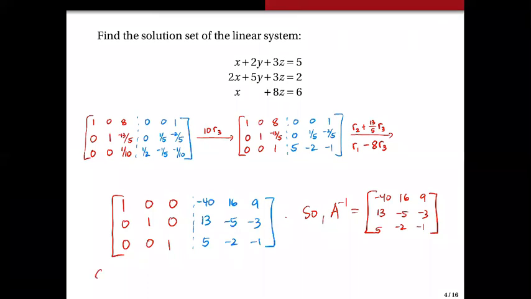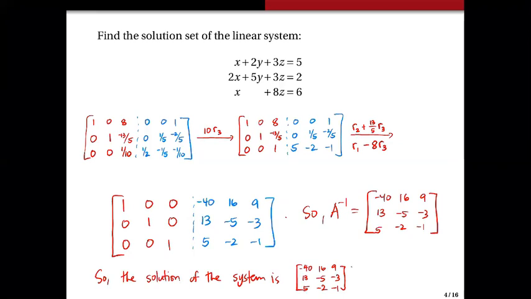So therefore, the solution of the system is we have the matrix, which is negative 40, 16, 9, 13, negative 5, negative 3, 5, negative 2, negative 1. We multiply this to 5, 2, 6.